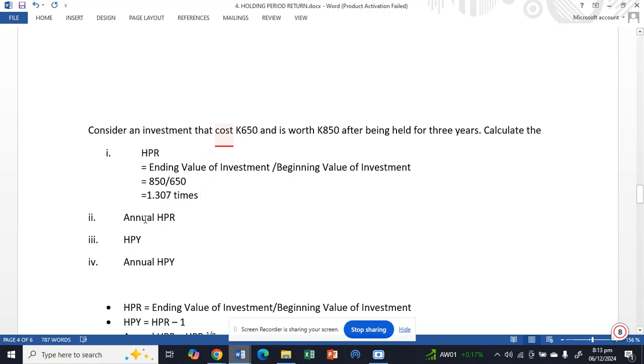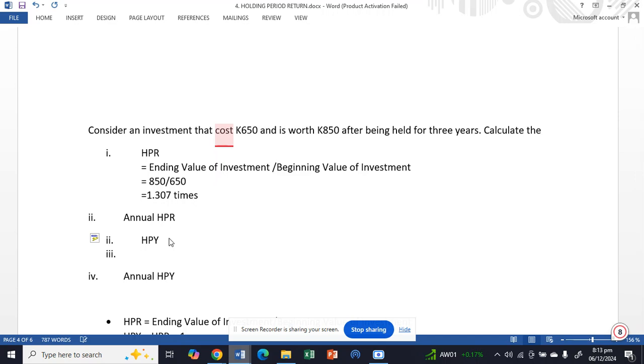Now, before I calculate the annual HPR, let me also calculate the HPY, the holding period yield. As I said, the HPR and HPY are telling us the same thing, but it's just how they are represented. The HPR is in numerical format. So the holding period yield is basically our holding period return minus 1, right? This gives us a decimal format. Then we multiply by 100 to give us a percentage.